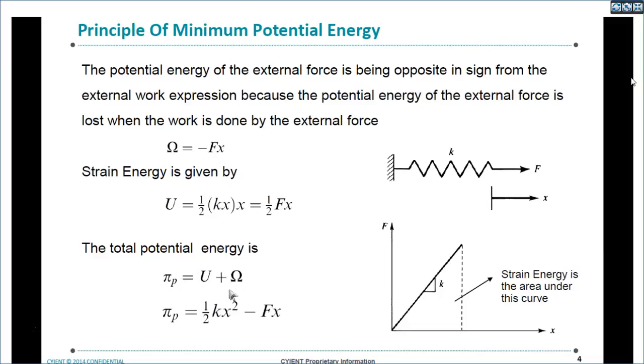So this is the strain energy for the spring, and Fx is the external force related energy.